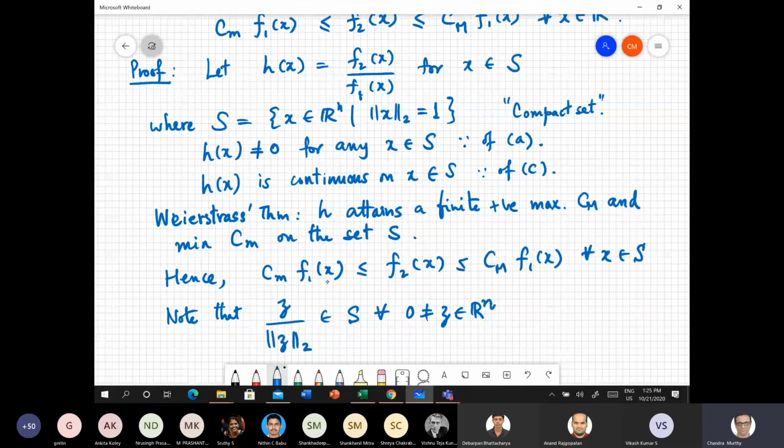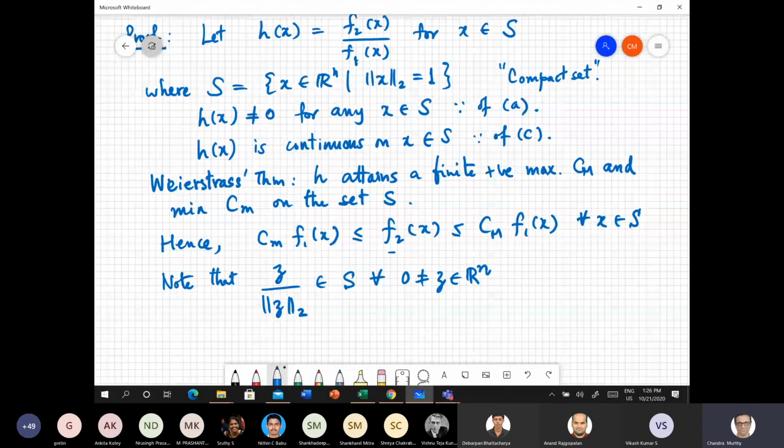Then by property B, which is the homogeneity property, this norm z can come out, and it will cancel throughout, because there will be a 1 over norm z here, here, and here.